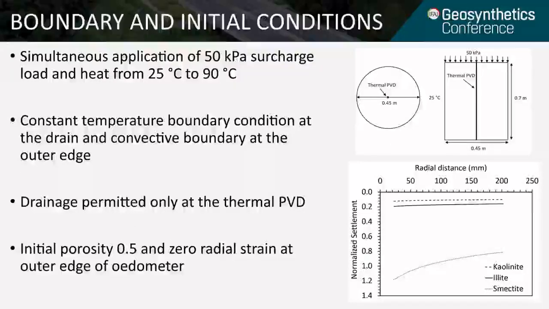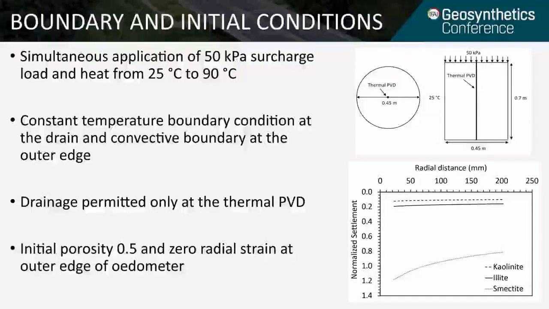Using this geometry, representative of a large-scale odometer, a 50 kPa surcharge load and an increase in temperature from 25 degrees to 90 degrees Celsius were applied simultaneously. We maintained a constant temperature boundary at the drain and a convective boundary at the outer edge. Drainage was permitted only at the thermal PVD.